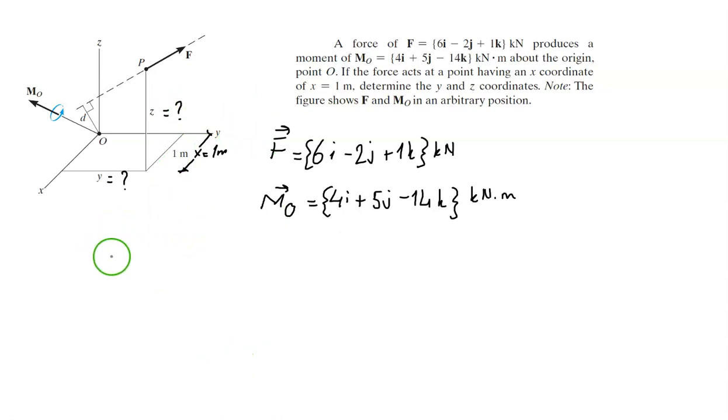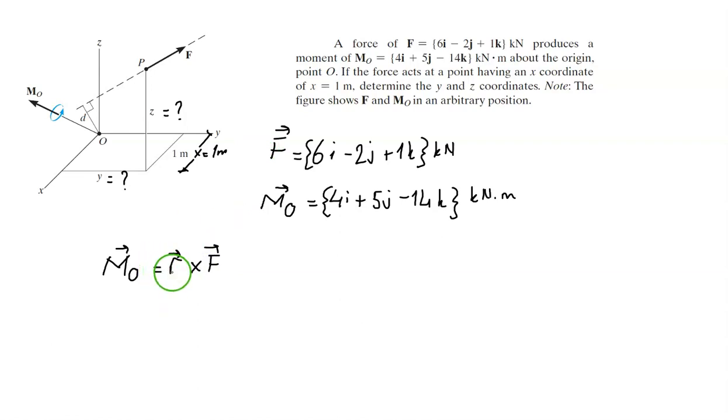As we know, the moment of a force about a point is calculated by multiplying a position vector r times the force vector.